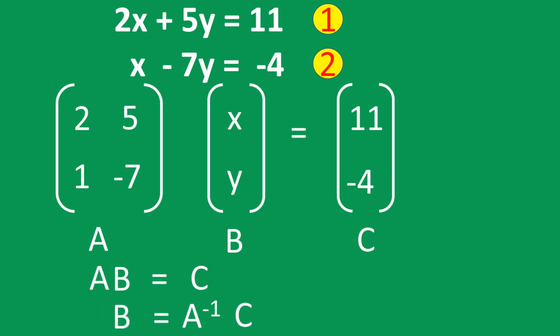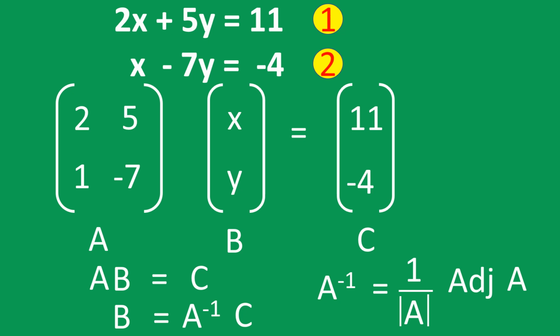If we do that, we have B is equal to the inverse of A times C. B, which is our unknowns x and y, is equal to the inverse of A times C.